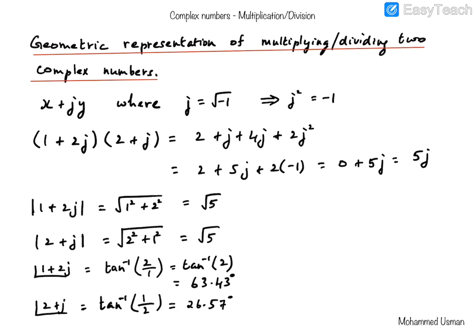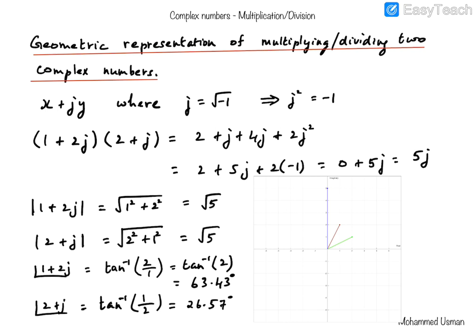So let's look at these complex numbers geometrically, represented in the complex plane, where we have the real part represented on the x-axis and the imaginary part represented on the y-axis. So we have a two-dimensional complex plane on which we can represent these complex numbers as points, and we will be joining these points to the origin to obtain them as vectors having a certain length, which is the magnitude, and a certain angle with the positive x-axis.